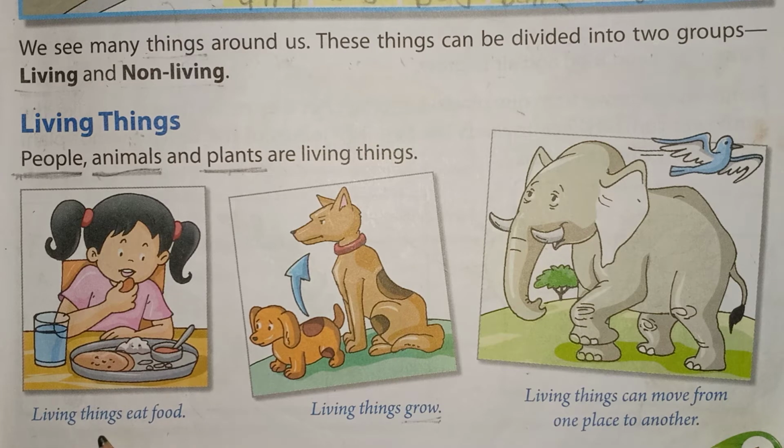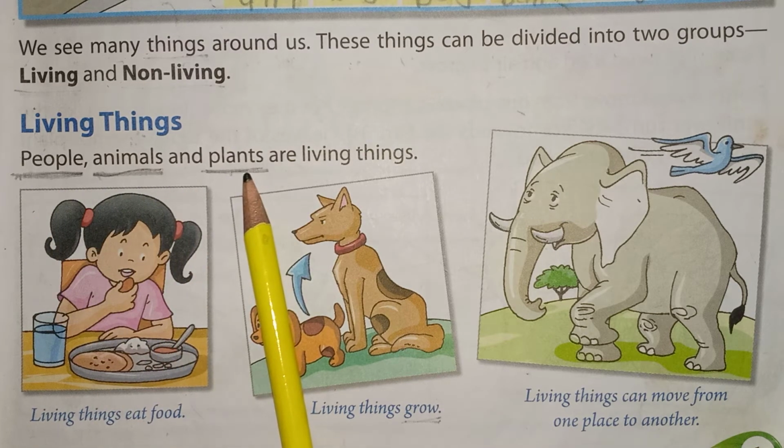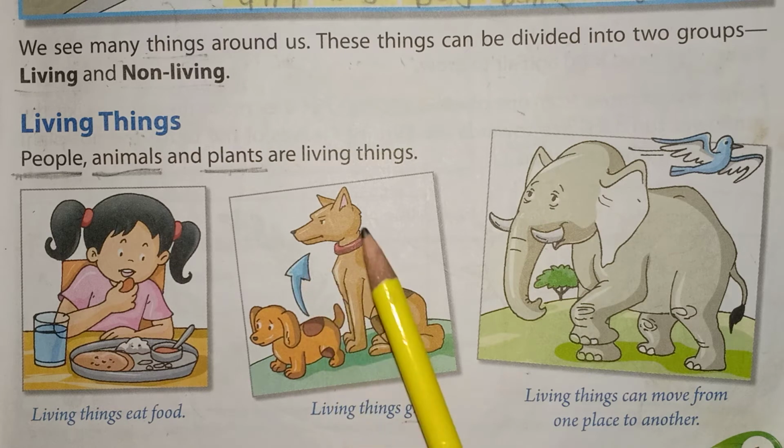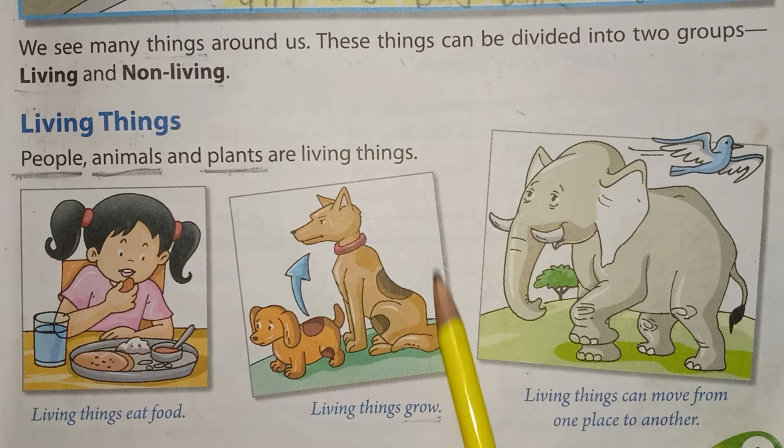So all the living things, that is people, animals and plants also need food to eat. Living things grow. See here, a small puppy is shown, and after a few days it becomes such a big dog. So living things grow.